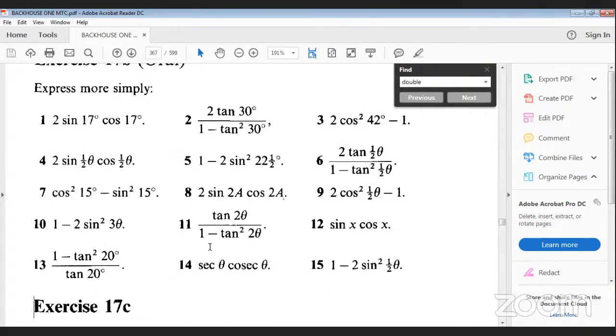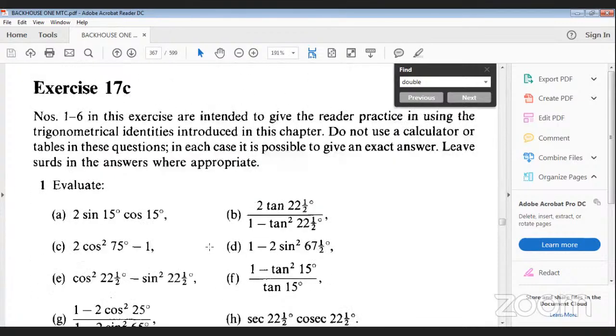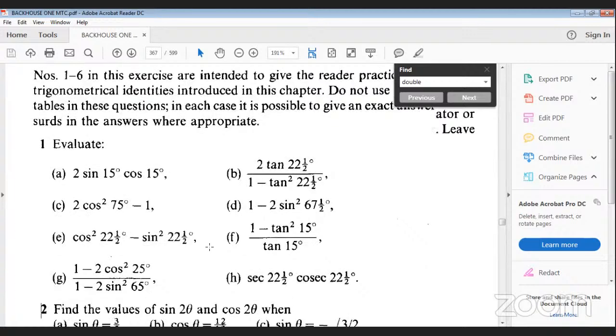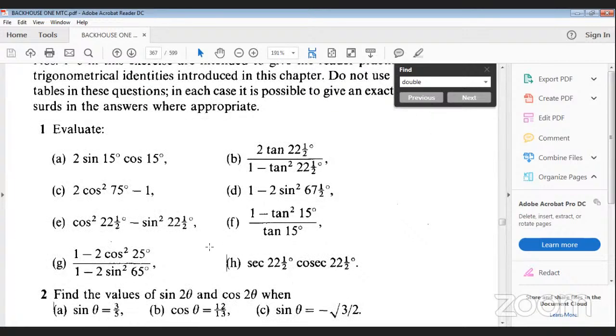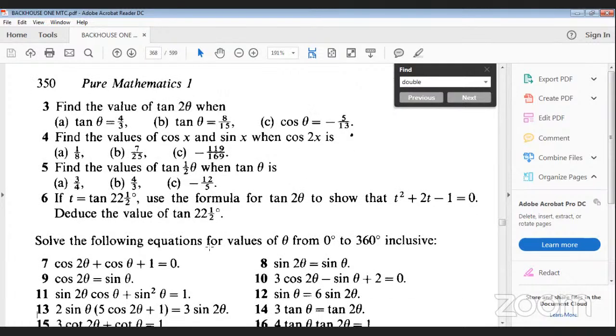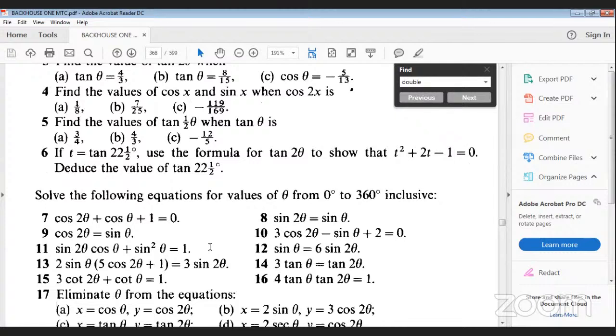So this exercise 17 is supposed to be oral. Even 17C number 1 is supposed to be oral. Our duty, we have done number 7 and number 8. Teacher, how about number 15? It was also difficult. You figure it out.